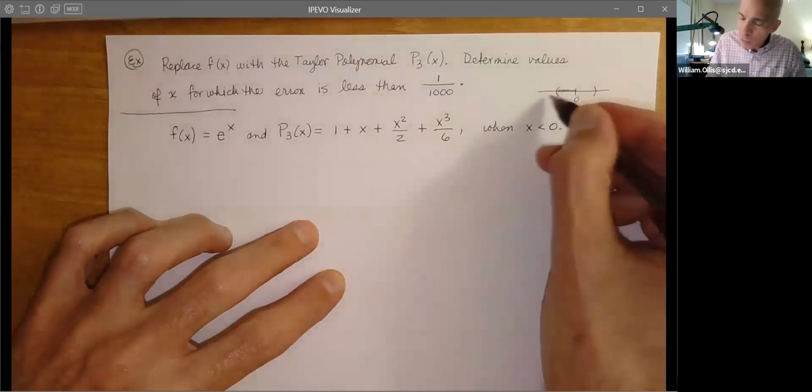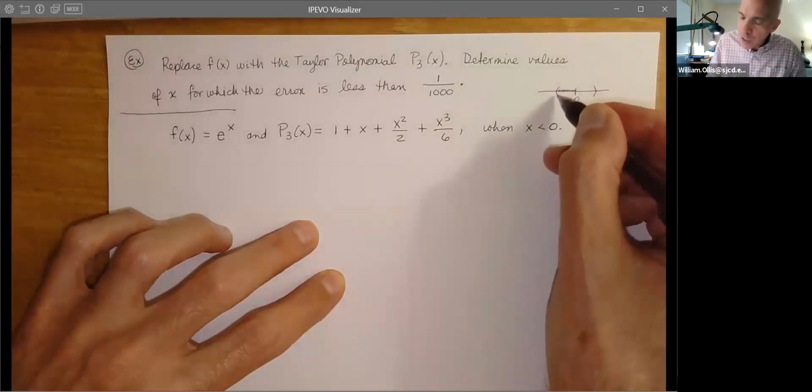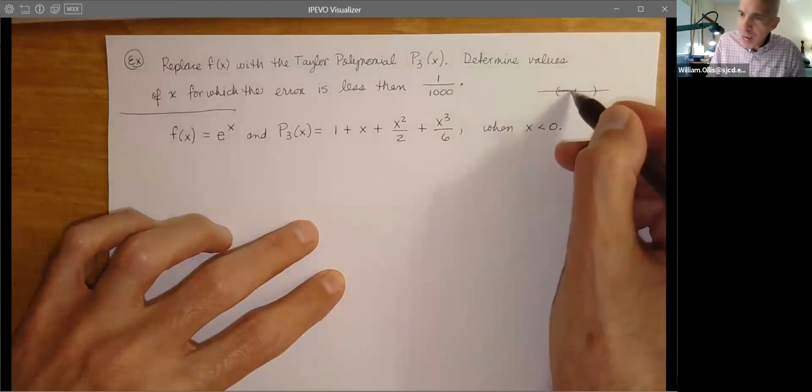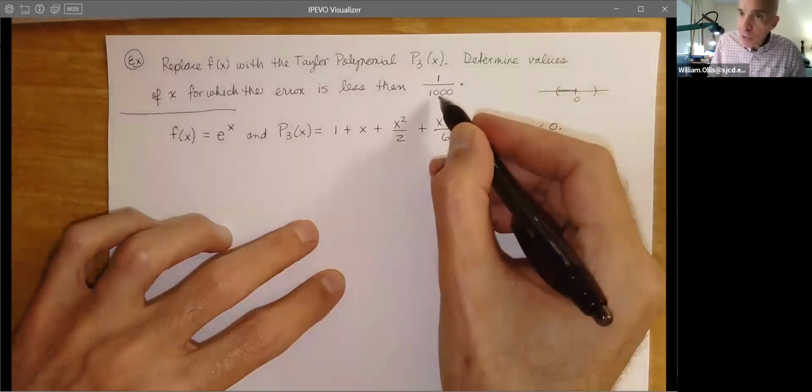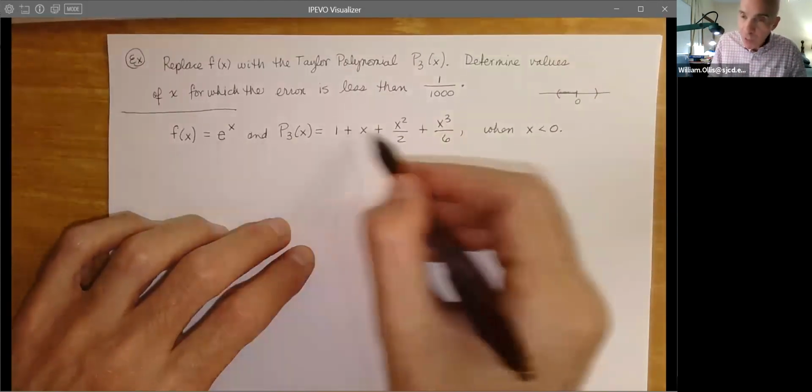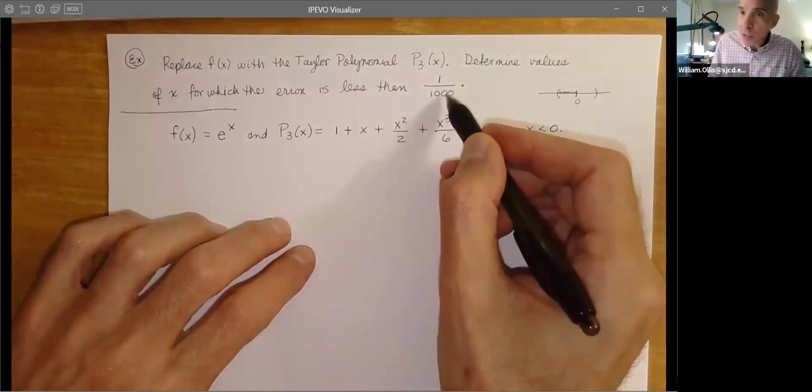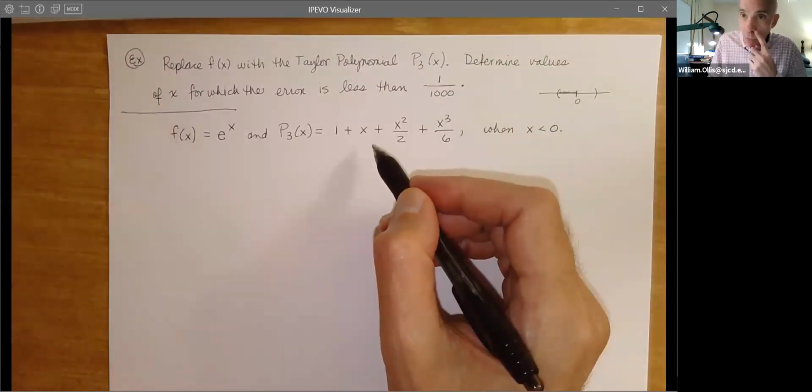So basically we have to find an interval so that if we choose any x values here, then the error by replacing f with this polynomial will be less than 1 over 1,000 or 0.001.